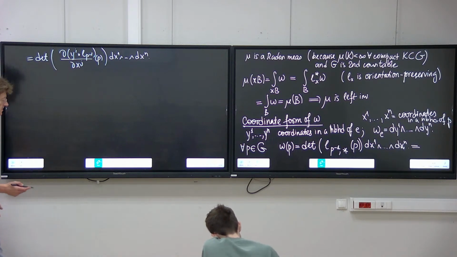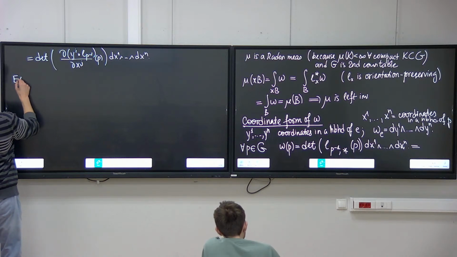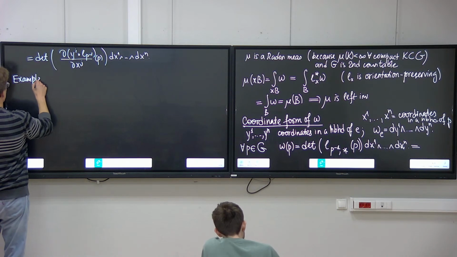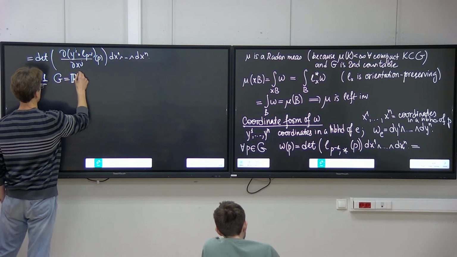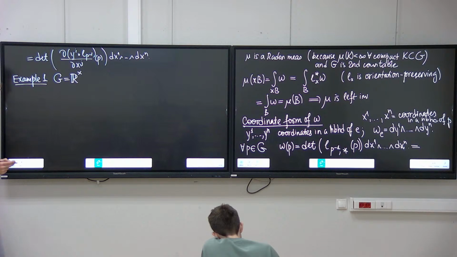Now let's look at some concrete examples. Example 1: G is the multiplicative group R cross of non-zero real numbers.